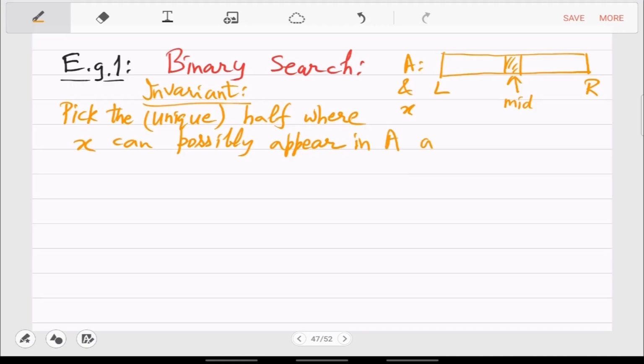In the array A at all. So either it appears there, or if it is not there, then it is not there anywhere else. That is what you have to write clearly. This is what makes it work. So what you prove is that x is in A if and only if x is in one of the two halves.